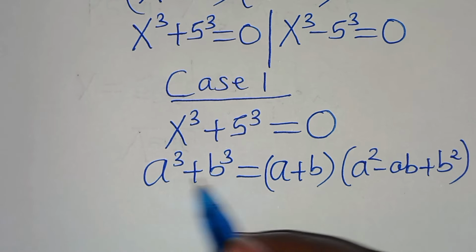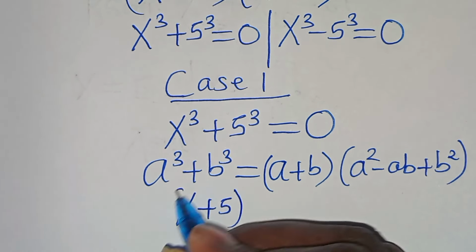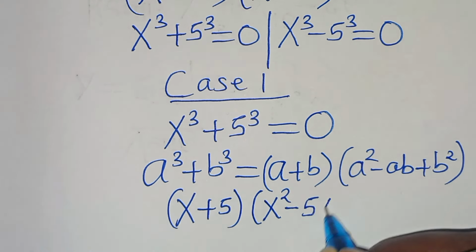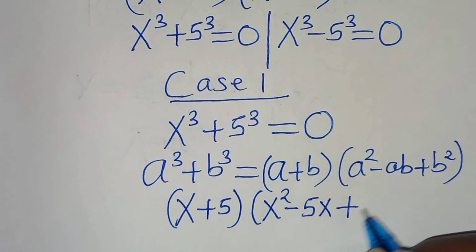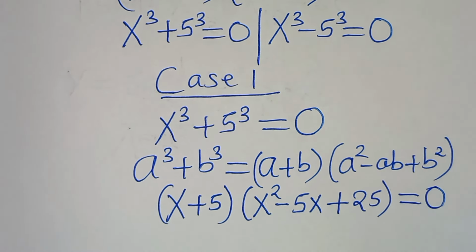Now applying this identity, we have x plus 5, then x squared minus 5x plus 5 squared, which is 25, equal to 0.